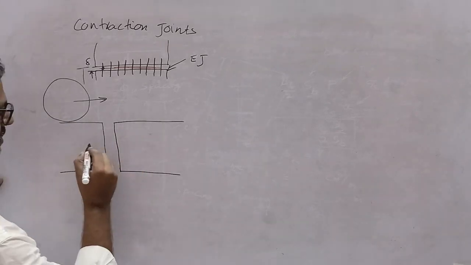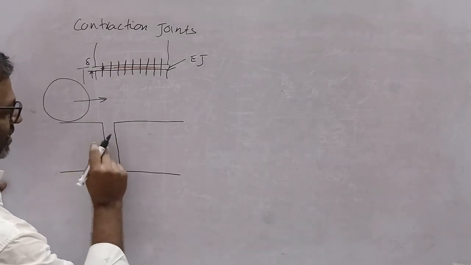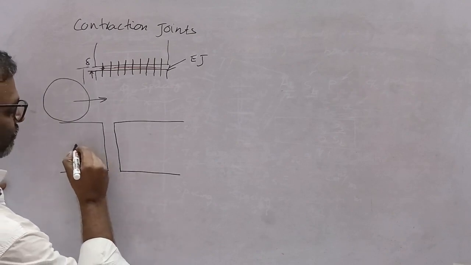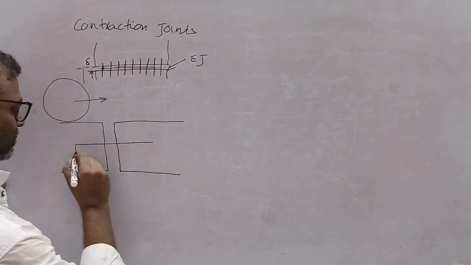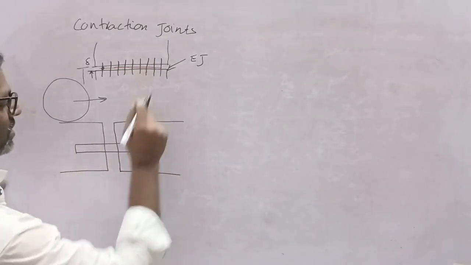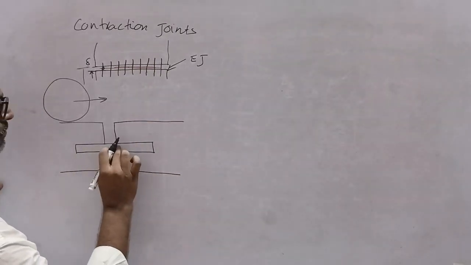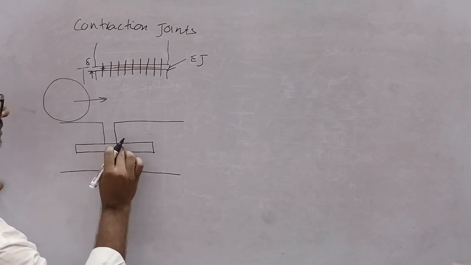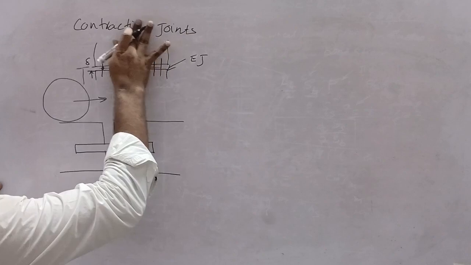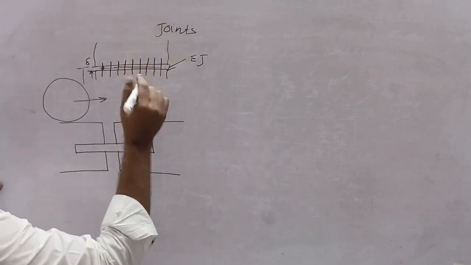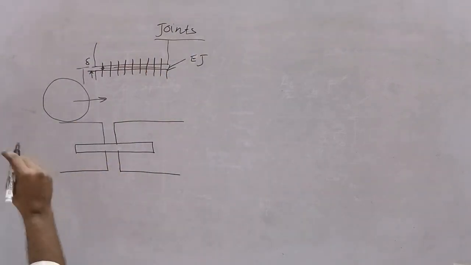So for load transfer, because this gap is there, we use steel rods in between. These steel rods are called dowel bars.